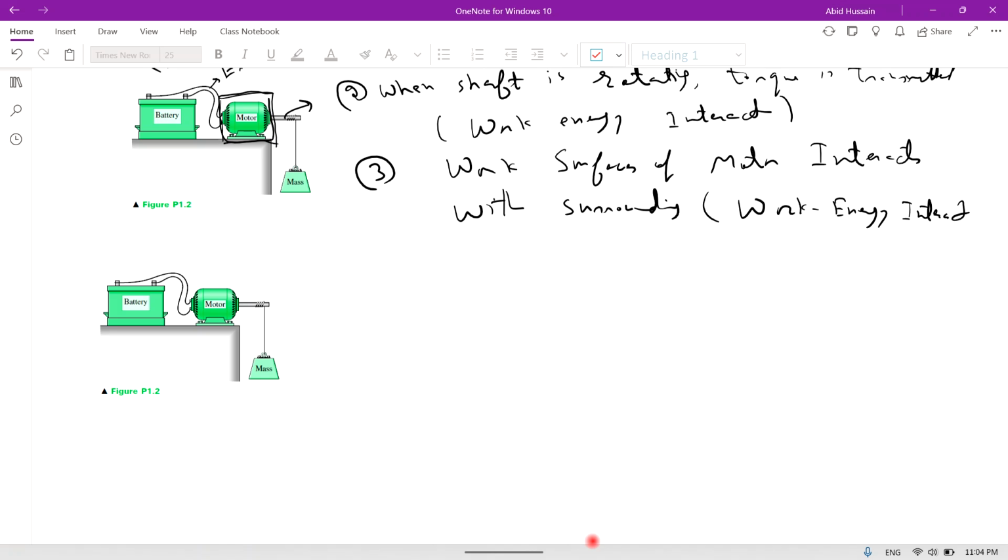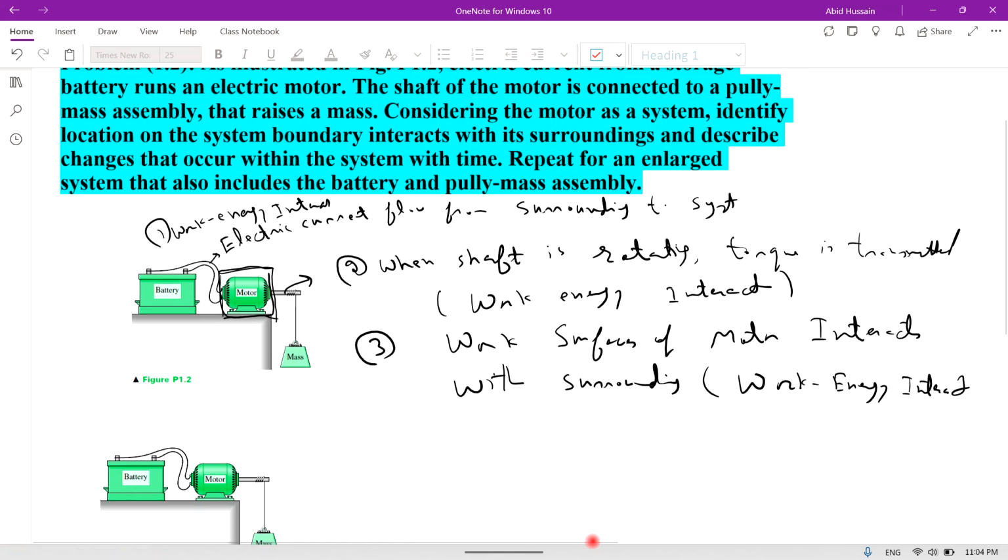So basically this is heat transfer between system and surroundings. This is the first part of the question.